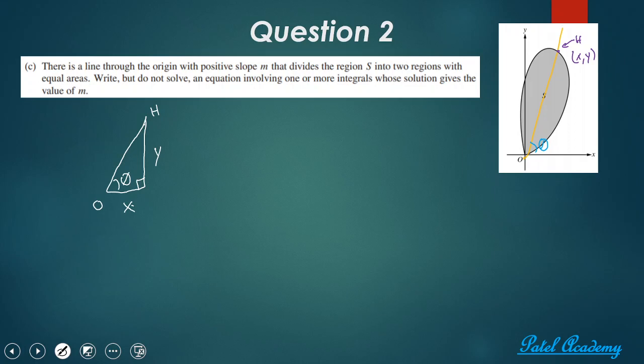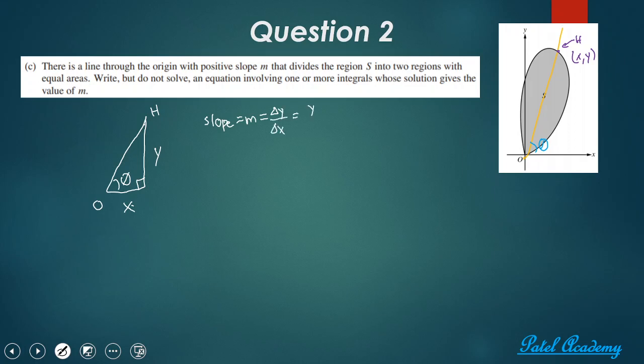So what do we notice then? Well, keep in mind we're given that the slope is m. So our slope is equal to m in this case, right? Now what is slope? Well, it's equal to delta y over delta x.